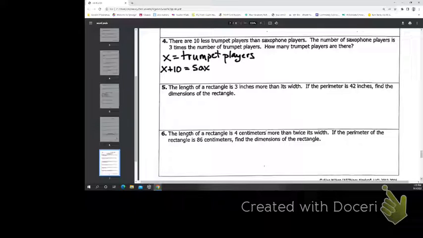Because if there are 10 less trumpets, then going the other direction, we would say 10 more. So now the number of saxophone players, X plus 10, is 3 times the trumpet players. So there are 10 more of them, and it's also 3 times.